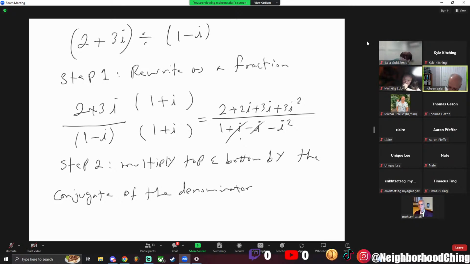So the final answer: on the top, i squared is -1 times 3 is -3 added to 2. So I have -1 real part plus 5 imaginary part. In the denominator, i squared is -1, I have a negative in front of it, so that's +1, over 2. And that's how you divide.